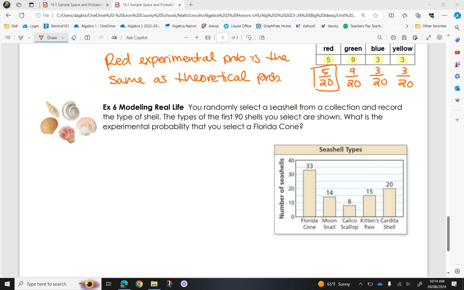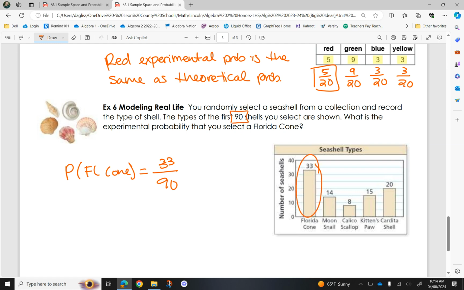All right, what do we get? 33 out of 90, which is what probability? Yeah, so what would that be? That's correct. What would that also be as a decimal or percent? So the probability of the Florida cone: the setup is there were 33 out of the 90.